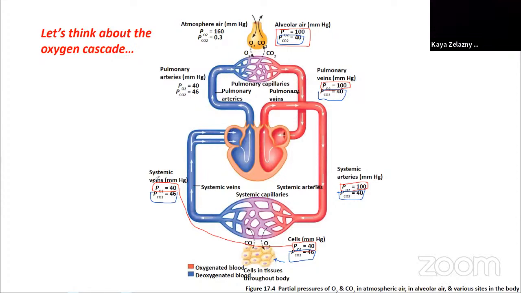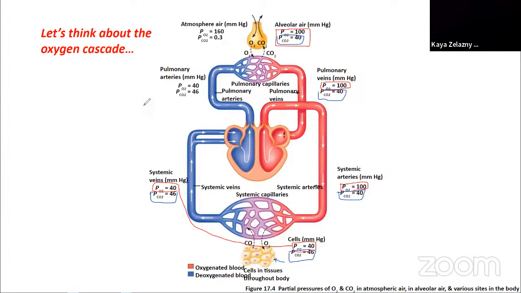As we have the blood circulate back to the heart, this deoxygenated blood is not actually fully deoxygenated. Our blood doesn't go to 0 in terms of deoxygenation, it just drops down to 40. So that's our deoxygenated blood with a partial pressure of oxygen at 40 circulating back to the heart and then circulating along into the lungs.